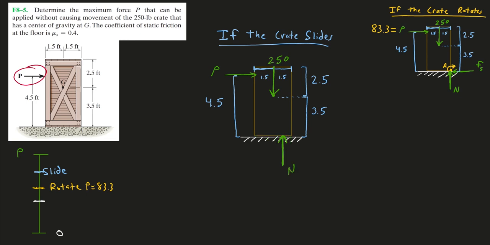So here's our normal force. Of course, we'll still have that frictional force of static friction. But this time, because we're saying that the crate is just about to slide, I can say that our static friction force is all maxed out. It's giving all it can with this maximum.